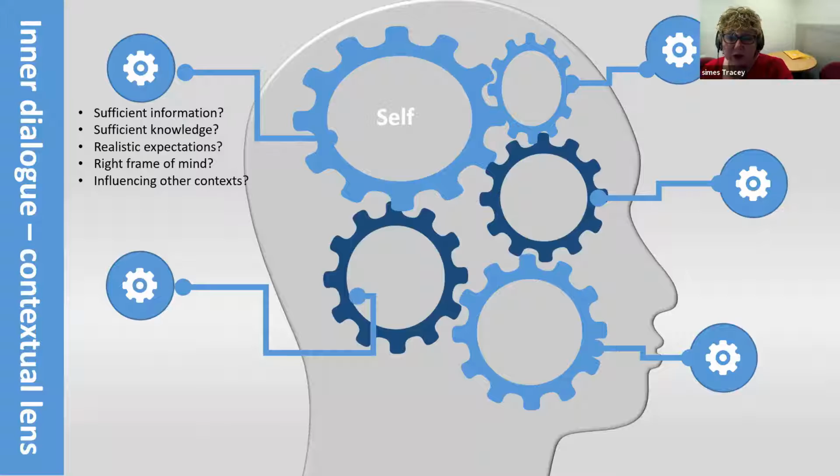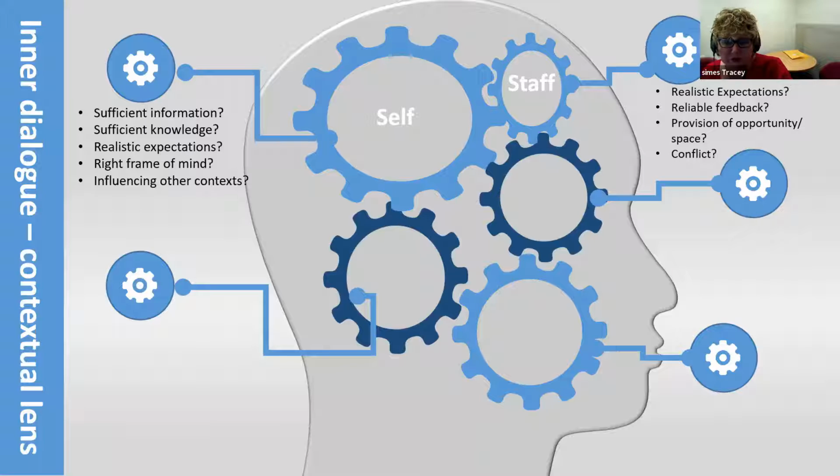The second contextual lens was that of the staff. The facilitator questioned if components of the staff context had impact on the student's performance. Questions facilitators asked themselves about the staff context were: does the preceptor's performance expectations match mine and that of the education provider?